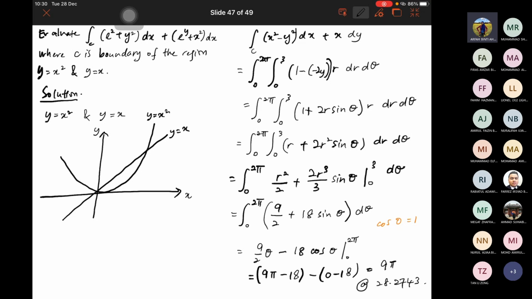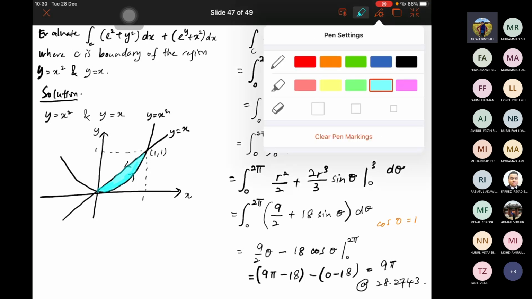Okay, so dekat sini dia punya pintasan adalah titik 1, 1. Okay. So daripada y sama dengan x kuasa 2, dia goes kepada y sama dengan x. So garisan dia to be like that. So ini adalah dia punya close region. Okay.